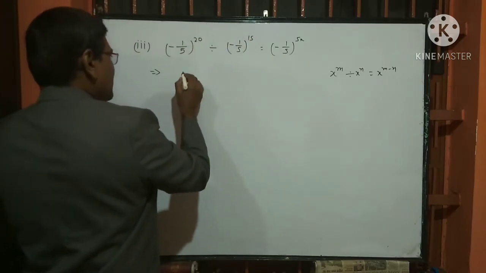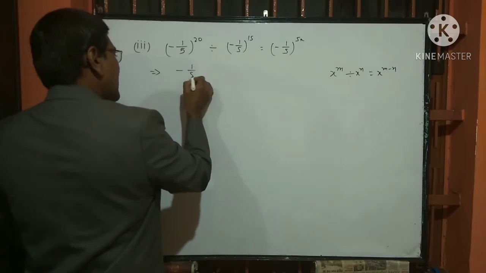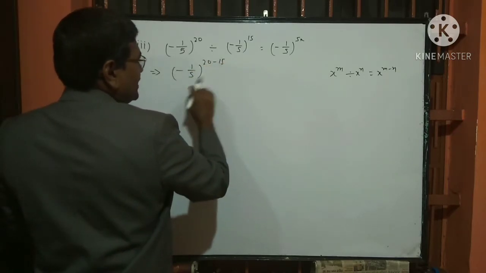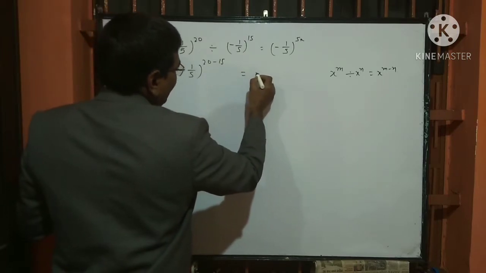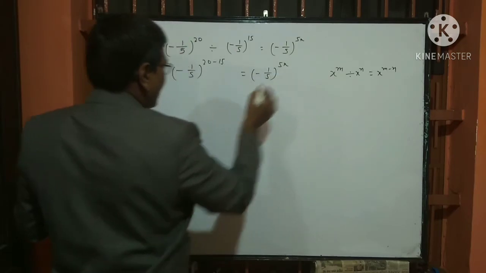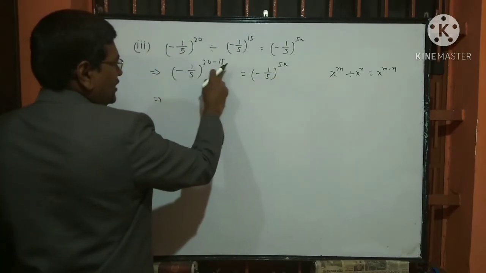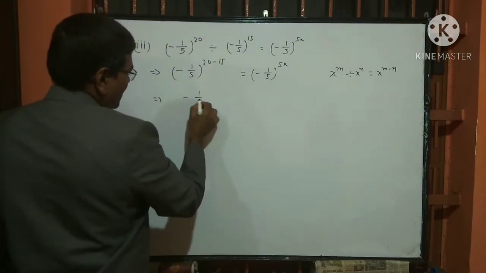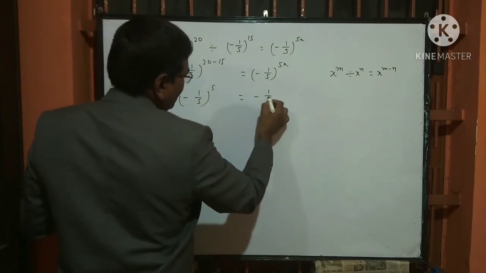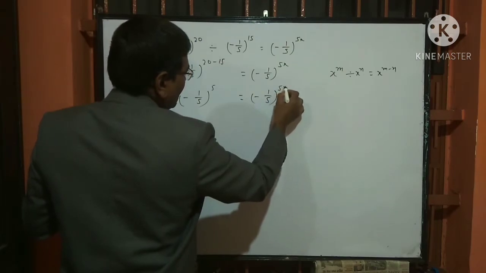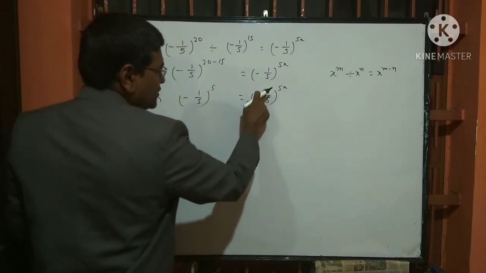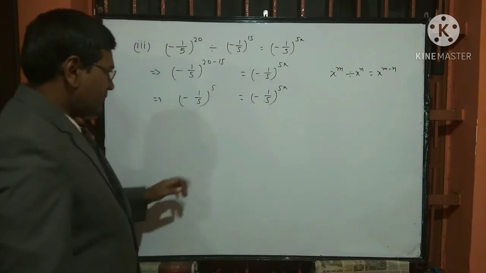15 from 20. Right here, base -1/5 will be same. 20 minus 15 in the left hand side, and in the right hand side (-1/5) to the power 5x. 20 minus 15 is 5, so (-1/5) to the power 5 equals (-1/5) to the power 5x.